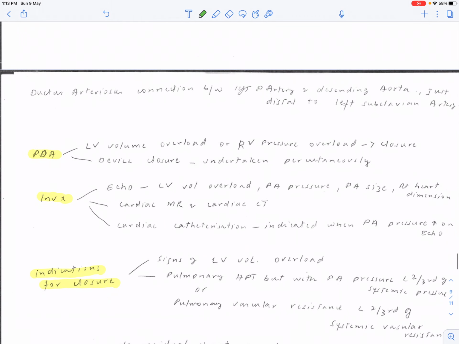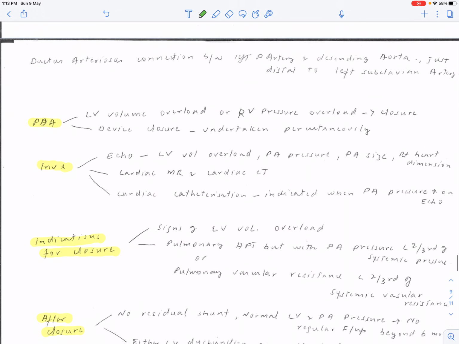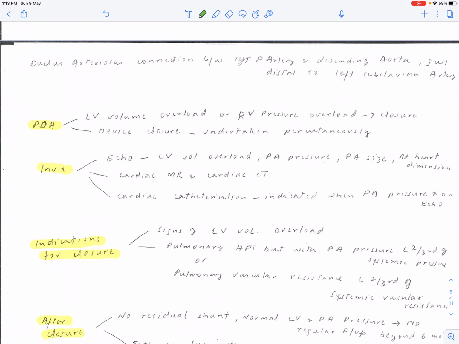So some basic knowledge about the ductus arteriosus. It's a connection between the left pulmonary artery and descending aorta, just distal to the left subclavian artery. And you know that normally this closes at birth, or sometimes it remains patent. In patent ductus arteriosus, left ventricular volume overload or right ventricular pressure overload causes the closure.